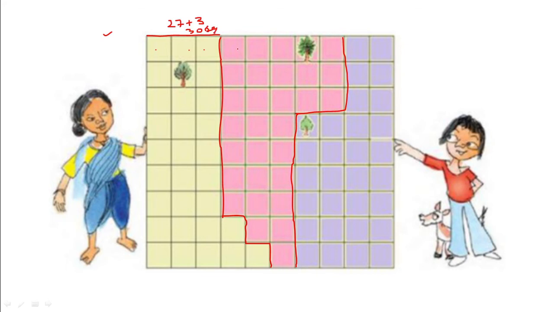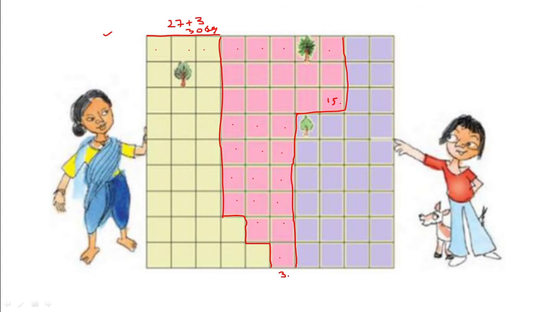Now count this: 1, 2, 3, 4, 5. 5 and here 3. 5 3s are 15. Up to here 15 squares, 16, 17, 18, 19, 20, 21, 22, 23, 24, 25, 26, 27, 28, 29, 30.